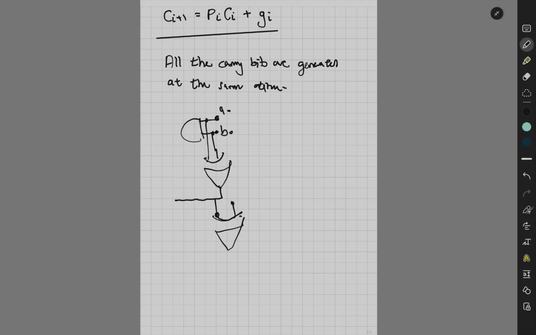Okay, so from this diagram we can clearly observe that to generate this S naught, we need a time delay of about 1 tau, 2 tau, and this another 2 tau, which means this is 4 tau.